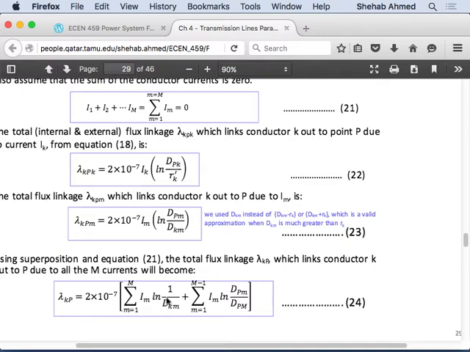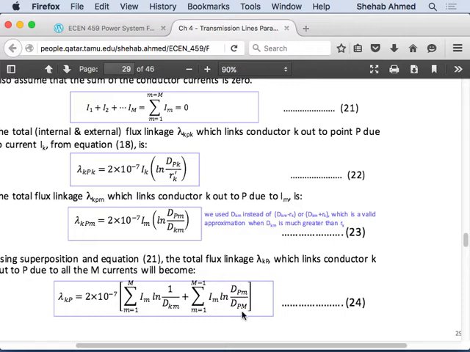So if I do that, what is dPm over dPM? Where small m is one conductor, capital M is another conductor. dPm is the distance between infinity and one conductor, and this is the distance between infinity and another conductor.